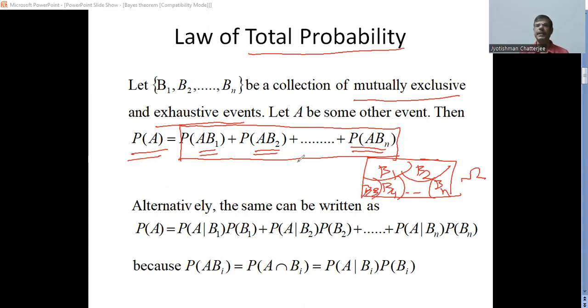So it decomposes into n probabilities, and those are the n terms. Say here is A. Suppose this is A, then it decomposes this way.